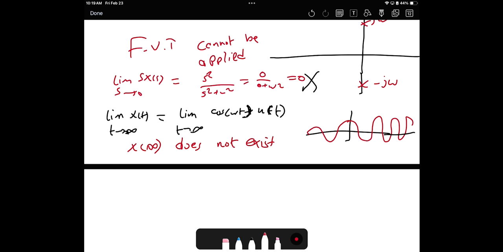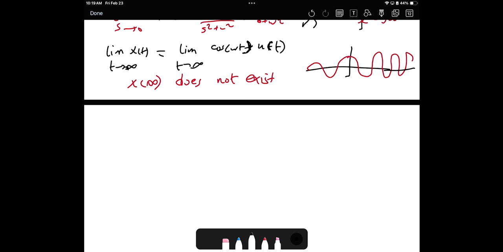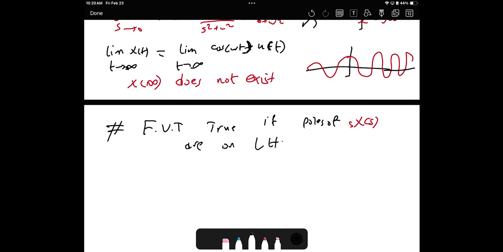So as a result, we can summarize some points. The final value theorem exists, or is true, if all poles of sX(s) are on the left half plane.